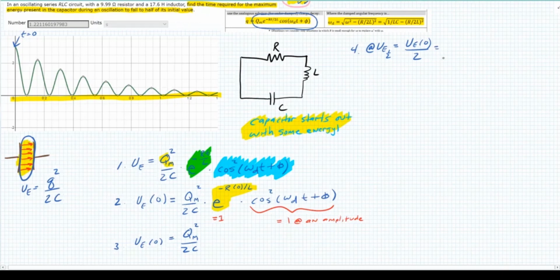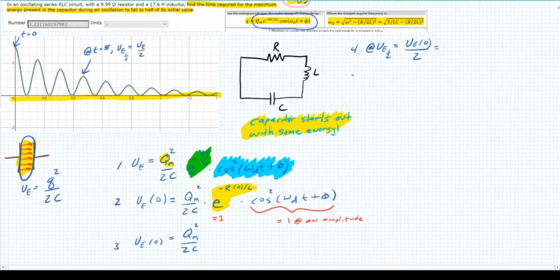So, at some time later, let's just say for the sake of conversation, at some T value, which I'll call T half, that electrostatic potential energy is equal to half of what I started off with, UE over 2. And I'm calling this half. Okay, let's go with that.